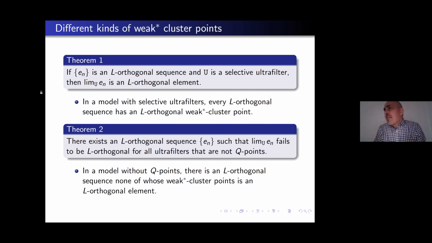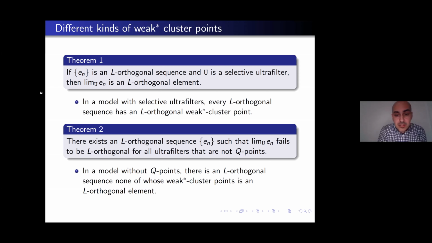It would be nicer to have a characterization, an exact relation between what the ultrafilter is and the properties of the L-orthogonal element, but unfortunately we are not able to make it so fine. But at least we know that at the two extremes of the chain of properties, we get L-orthogonal or we get non-L-orthogonal.